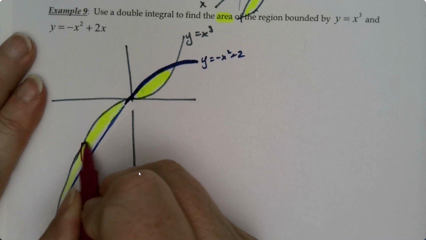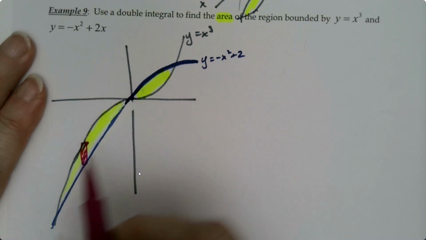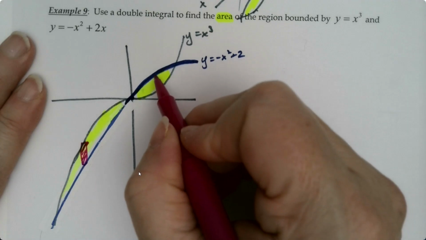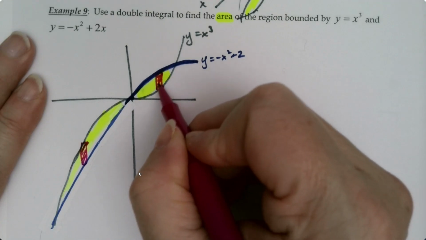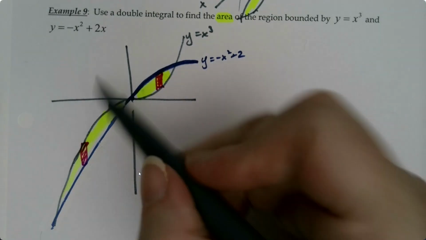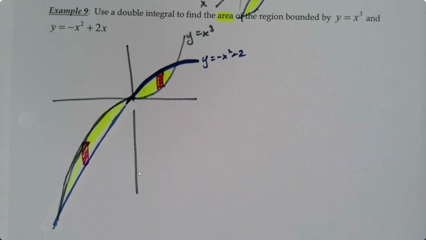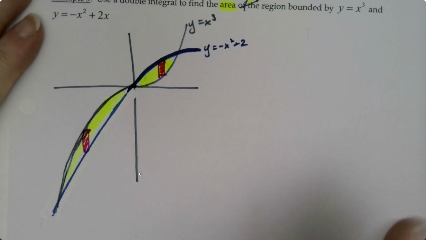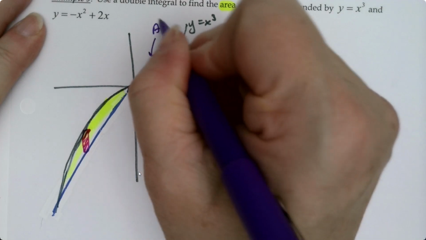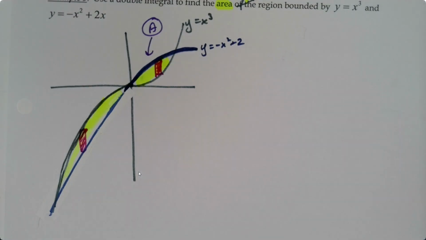So we're going to draw them vertically, but which one's on top and which one's on bottom changes depending on which section we're in. So this is going to be tricky. So we're going to have to do two sections. All right, so let's call them section A and section B. Okay, so we'll do section A up here, and then we'll do section B down here.